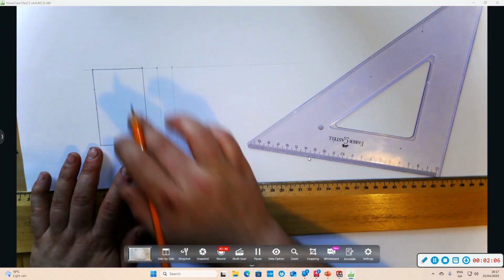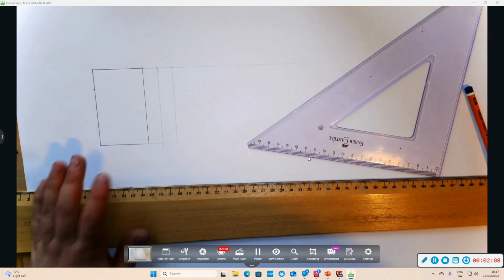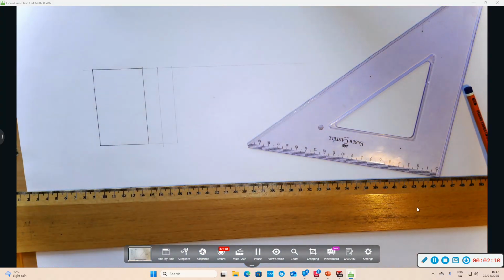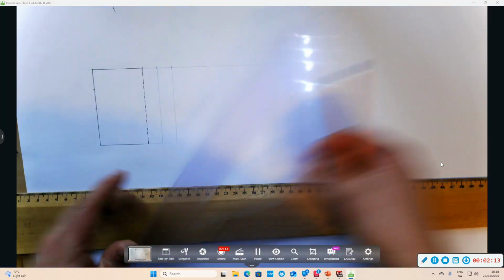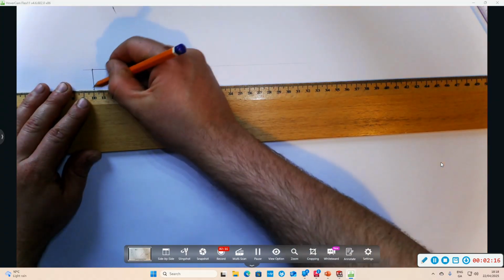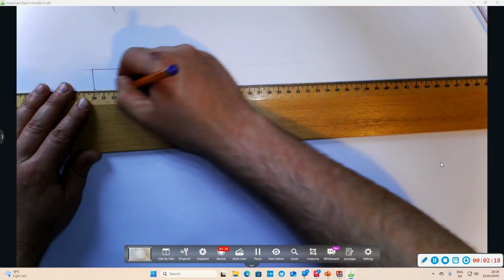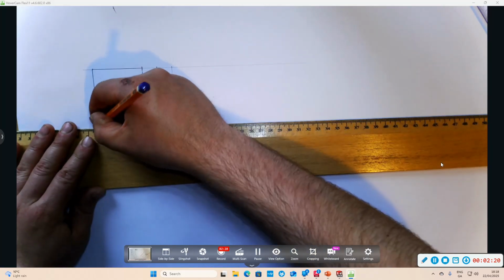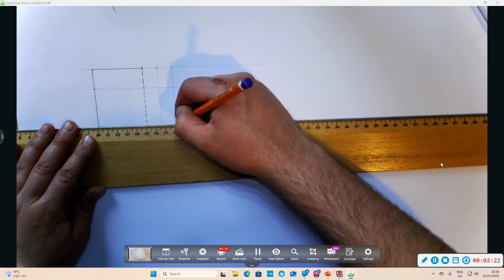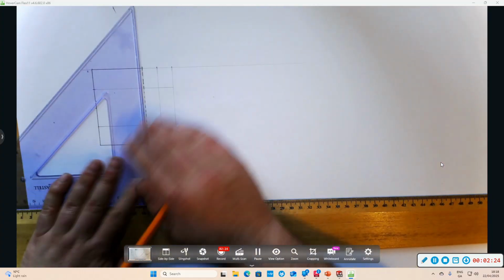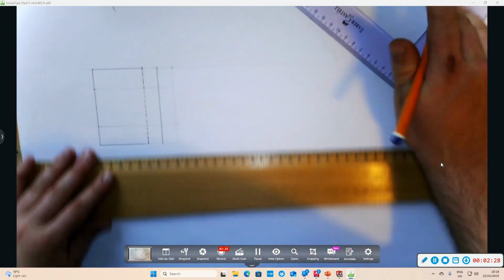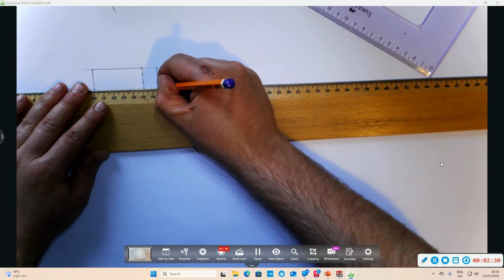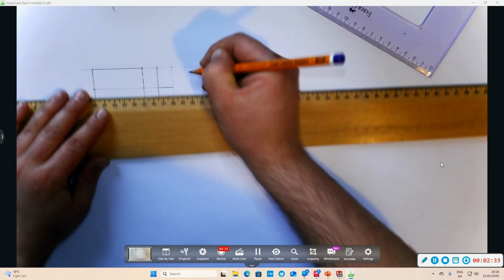Sorry, that should be hidden detail. So I'm going to pause that. Then we can bring these across. So that's our roof in plan. Here's a little canopy, a little smaller roof, kind of like a porch.